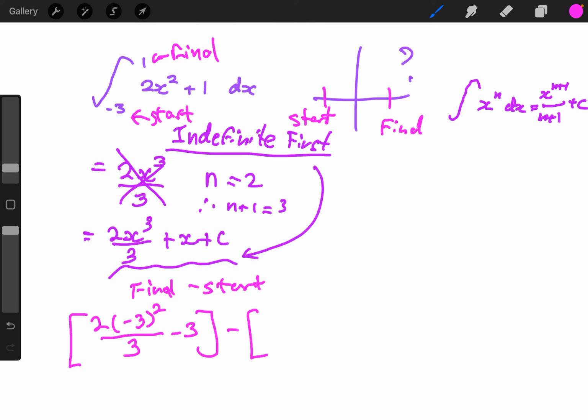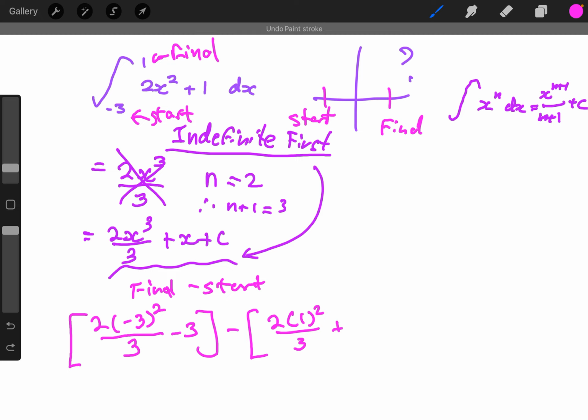Don't worry about uni yet. And then, so this is the -3, so this is the final term here, and then start. What's the start one? It's 1, so 2 is 1 squared over 3 minus, no, plus, it's plus 1.